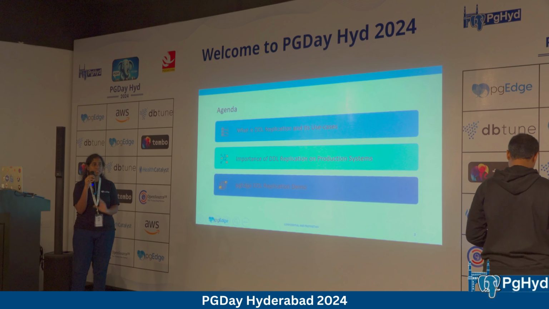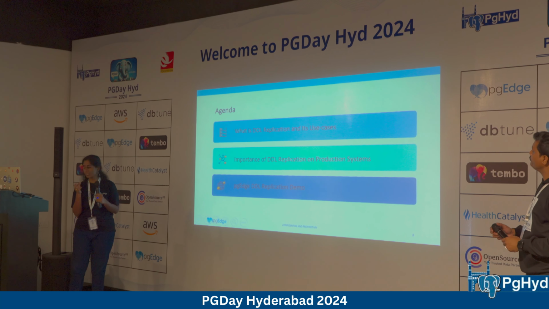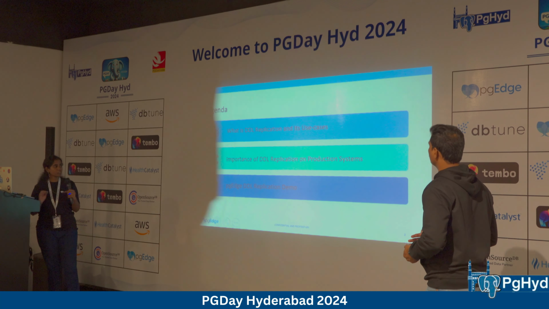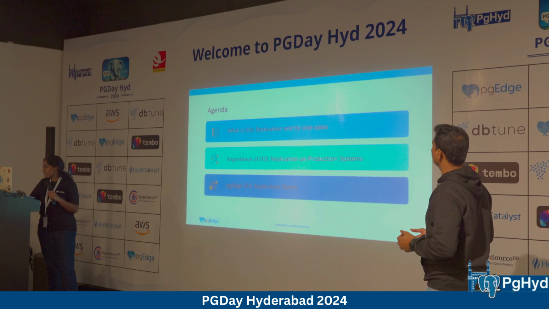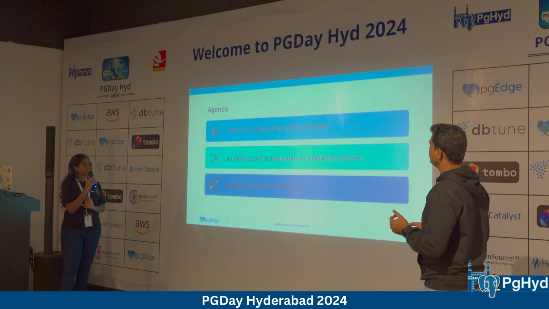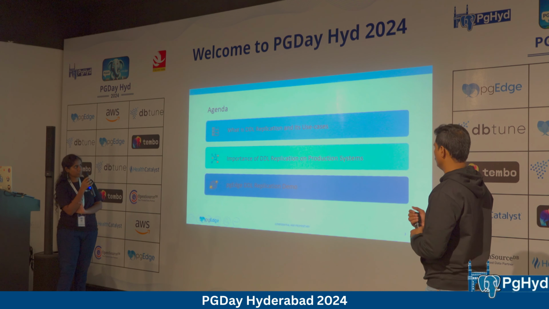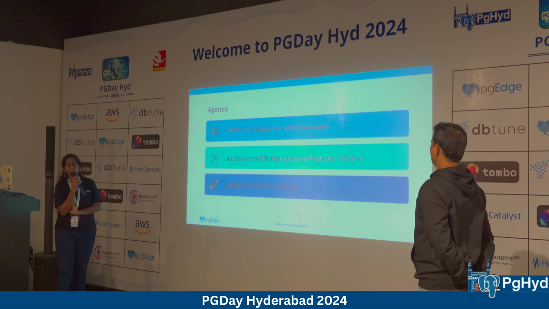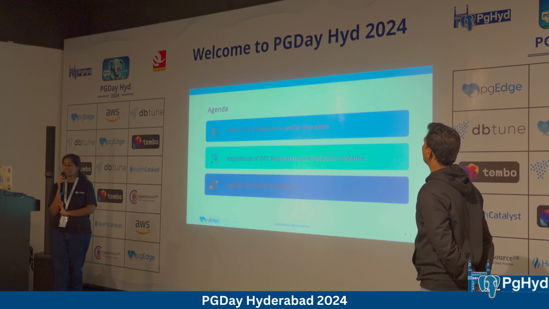Failure of this DDL replication will lead to inconsistency and downtime. Then we'll talk about the importance of DDL replication on production systems where end users or customers actively use it.